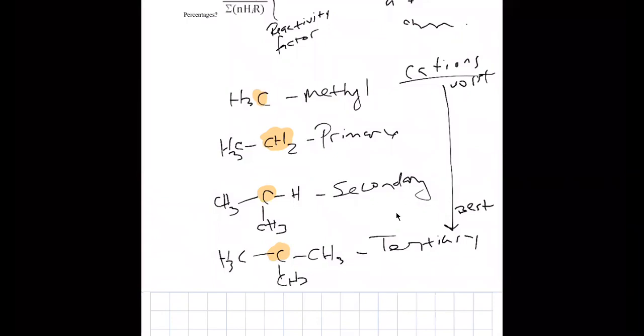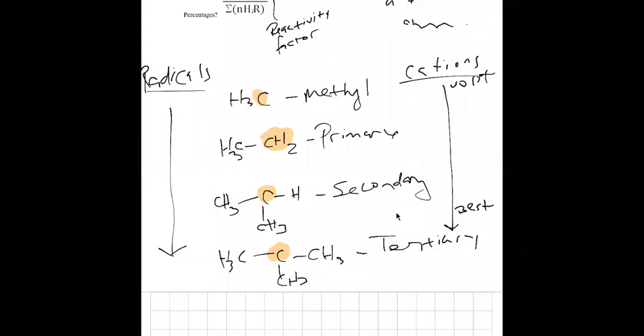All right, methyl would be the worst, tertiary the best for cations, and radicals follow that same pattern. All right, so let me put that on this side. Same pattern. Cations, methyl is the worst, tertiary is the best.